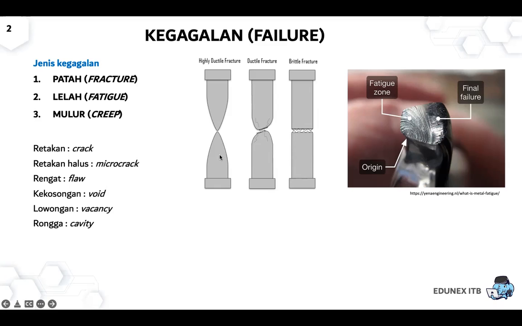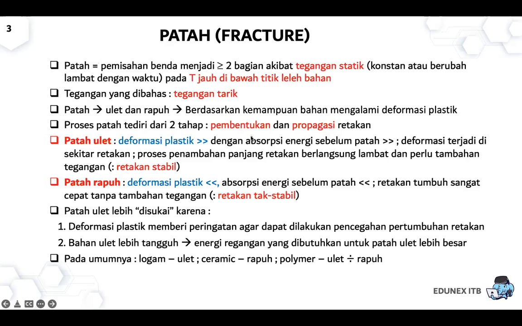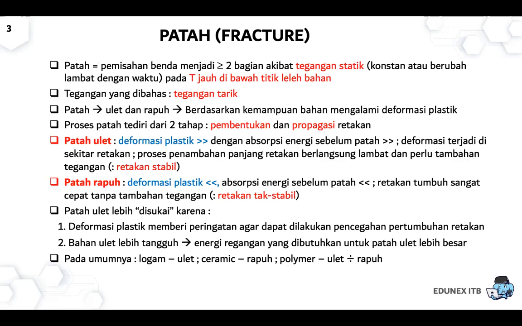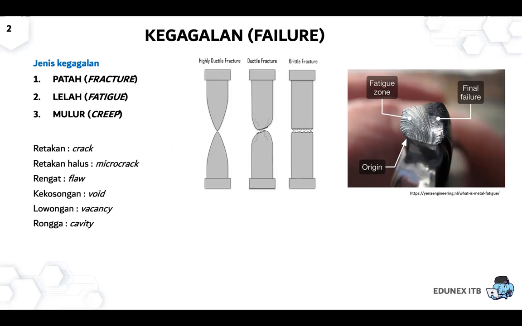Then this is a highly ductile fracture, for example when we have a very ductile metal. And this is a ductile fracture, which is a combination between brittle and highly ductile, but with some area around here.